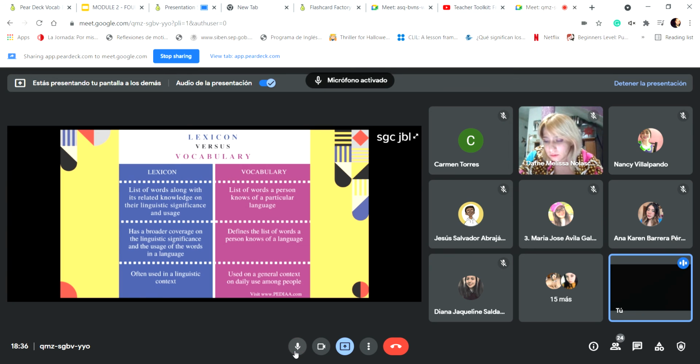Cuando estaba revisando este tema, uno de mis estudiantes de séptimo me dijo, maestro, ¿cuál es el punto del uso del lexicon si al final de cuentas nuestros estudiantes están en una situación que es EFL, que es el ambiente del English as a Foreign Language?